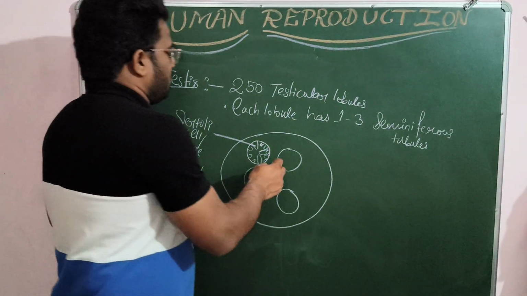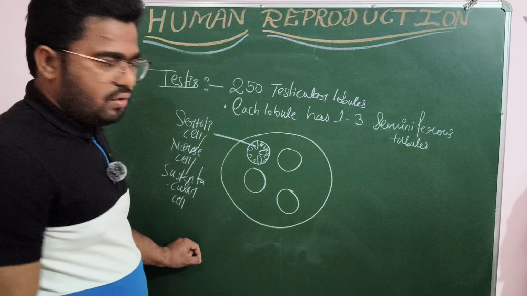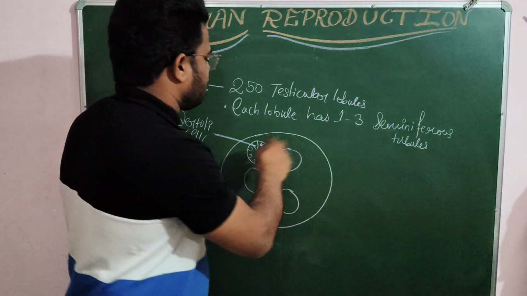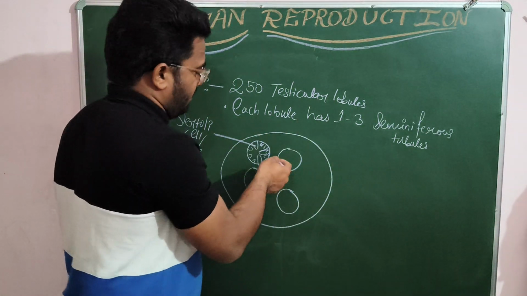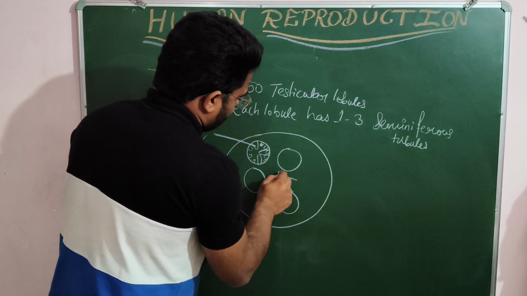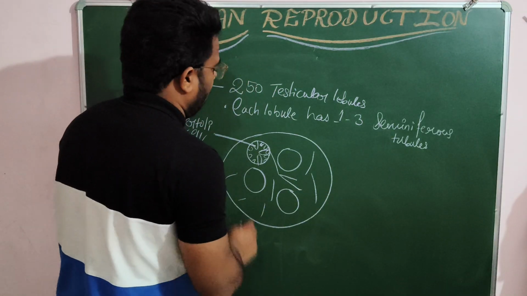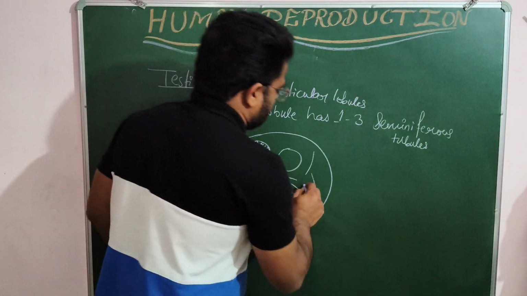So this is the inner view of the seminiferous tubule. When we look outside, at the periphery, various types of cells surround this seminiferous tubule.